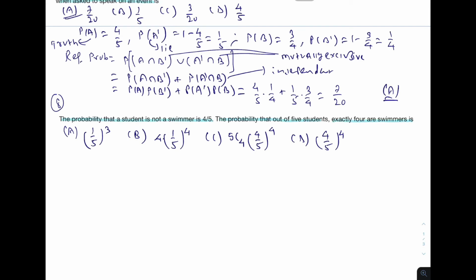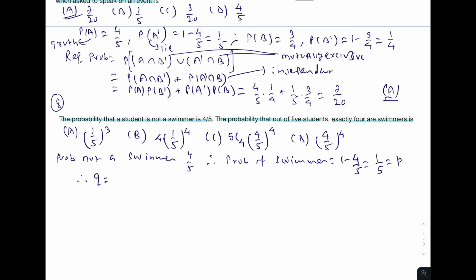Now the probability of not a swimmer is 4 by 5, and therefore the probability of a swimmer is 1 minus 4 by 5, and that is 1 by 5, and this is our p, and therefore q equals 4 by 5, n equals 5.